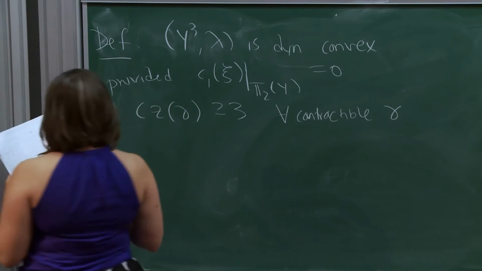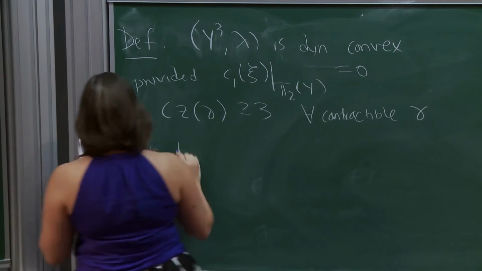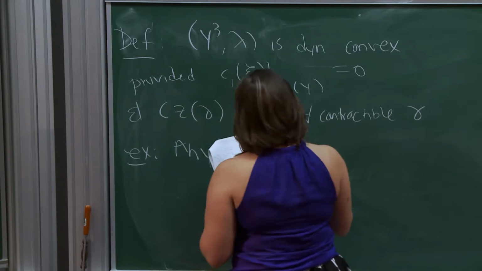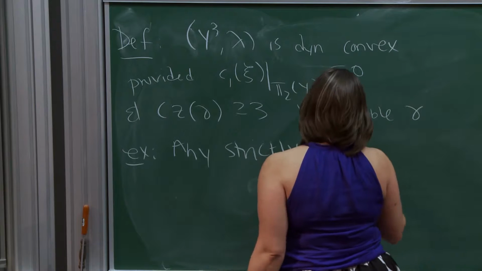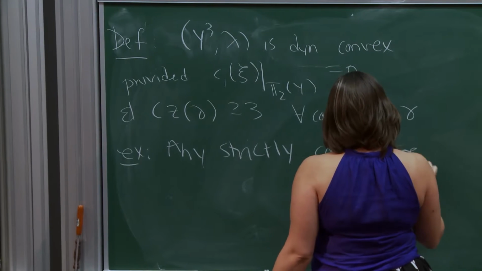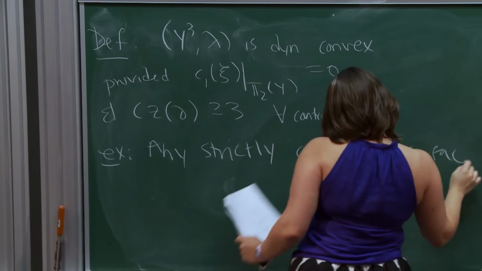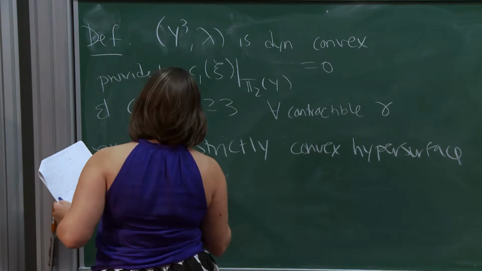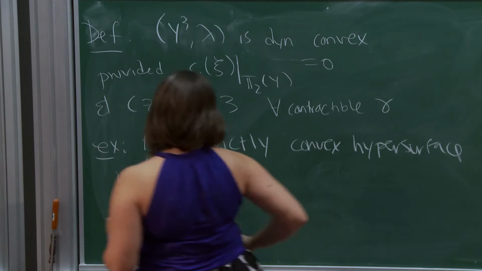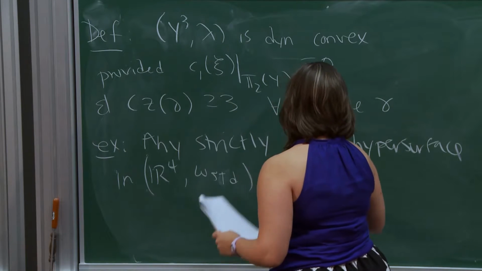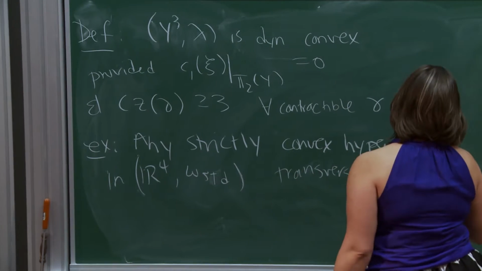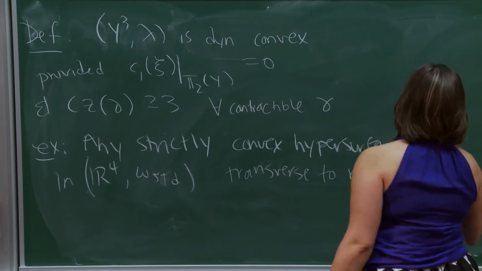Okay, and so an example is any strictly convex hypersurface in R4 with a standard symplectic structure, which is transverse to the radial vector field. Okay.